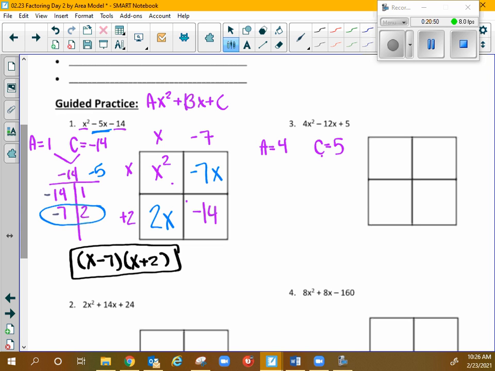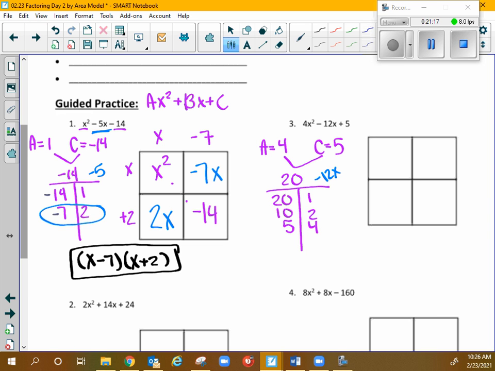Okay, A times C, 20. I need factors of 20 that have a sum of negative 12. So I'm going to ignore the negatives for a minute. 20 and 1, 10 and 2, 5 and 4.